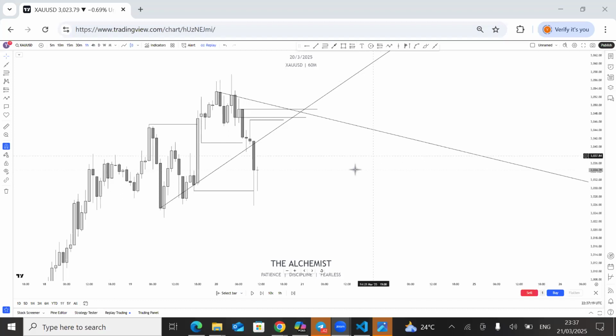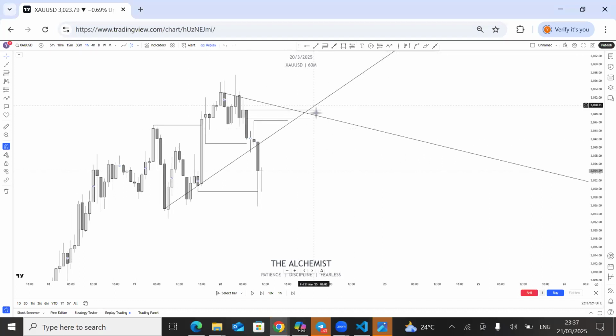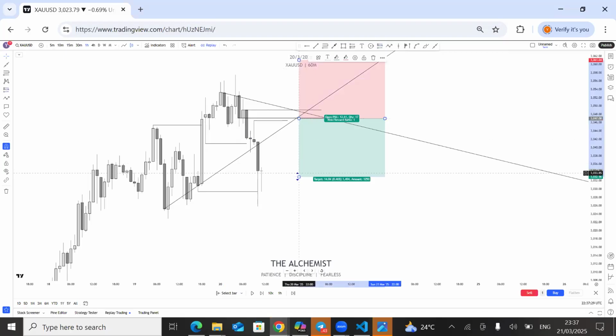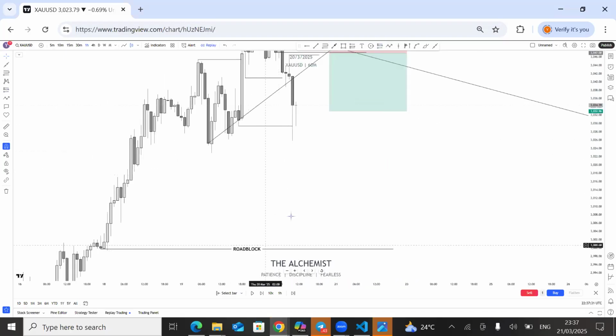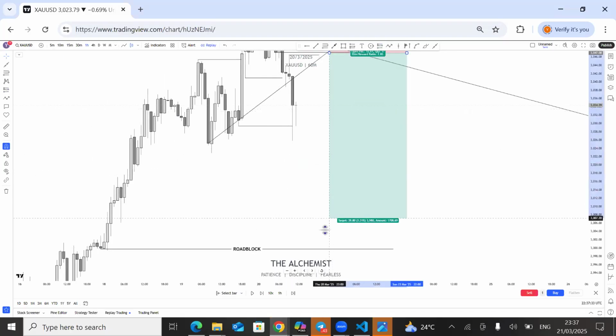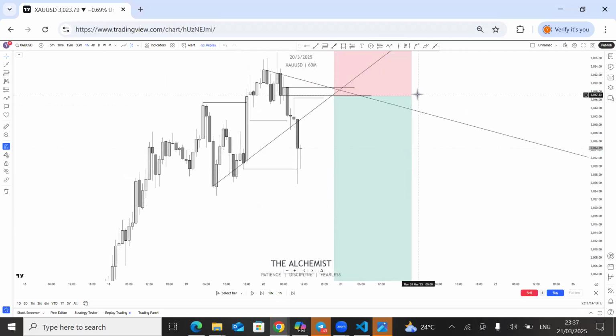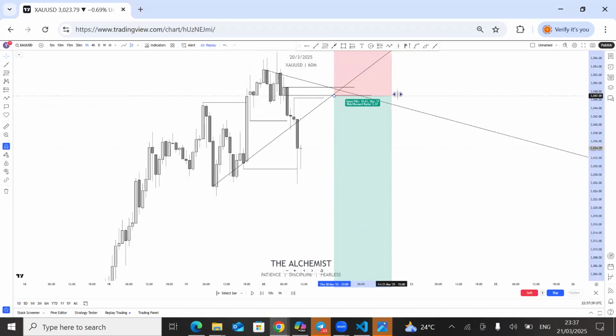Hope I'm making sense. So now here's your entry here. Now place your stop loss above here. It should be how many pips? Let me see. Your entry is here. This was my roadblock, which I noticed was here. First roadblock.